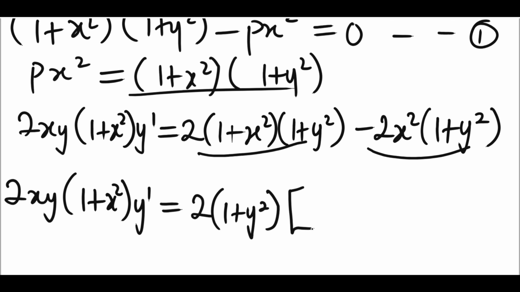So this becomes the highest common factor. So when you divide the first term by 2 multiplying 1 plus y squared, you'll be left with 1 plus x squared. This is the only one that will be left. Then minus, you deal with the second one too. When 2 divides 2, you are going to get 1. When 1 plus y squared divides 1 plus y squared, we are going to get 1. So we are left with negative x squared over here. All right.